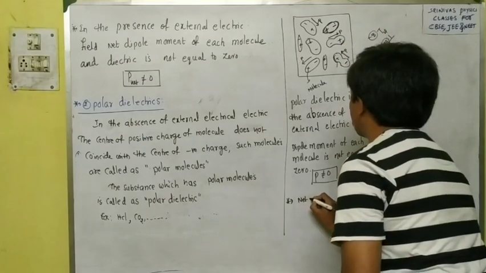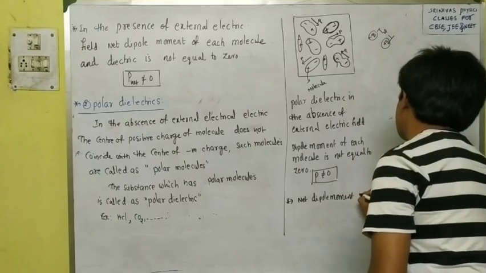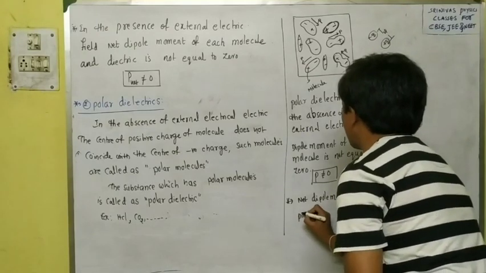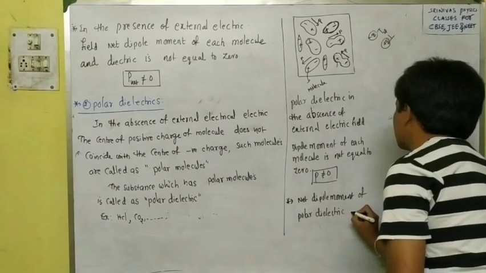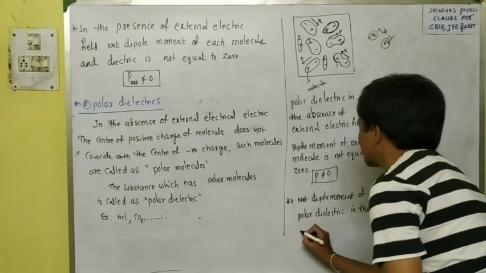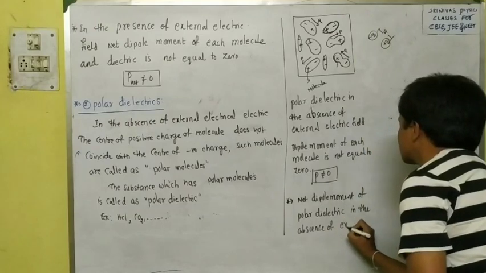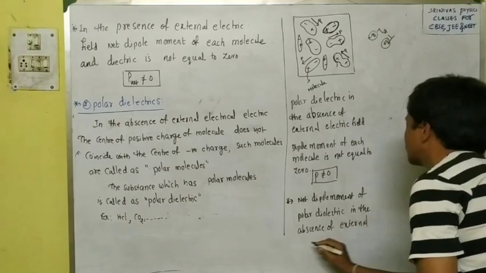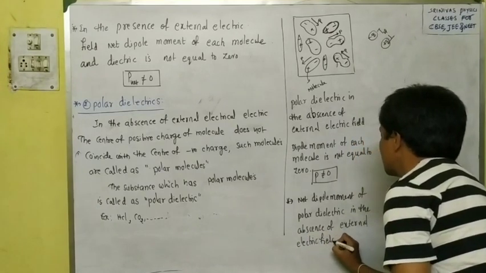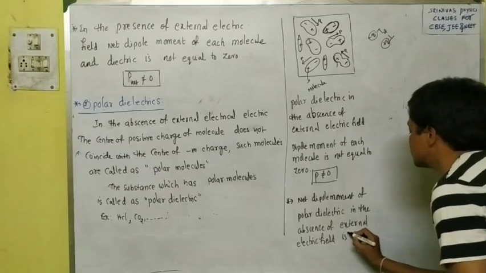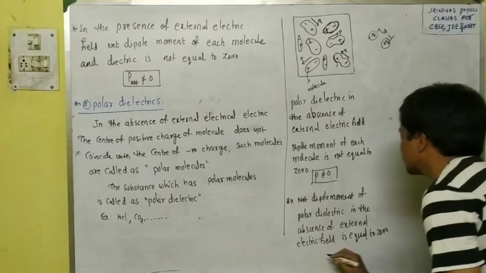That's why the net dipole moment of polar dielectric in the absence of external electric field is equal to 0, right?